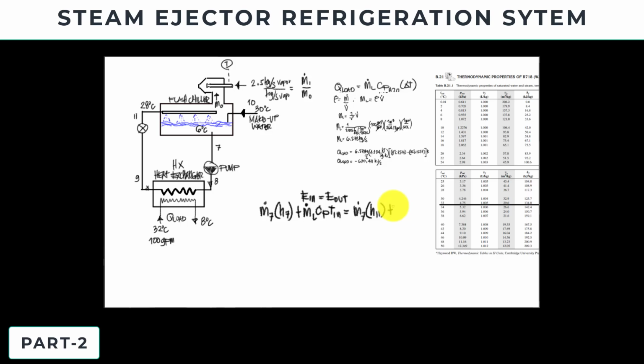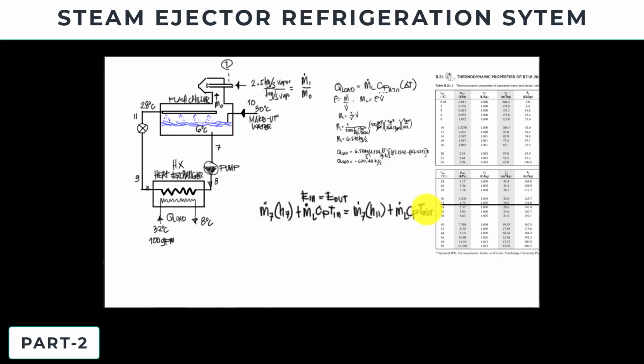Then plus, also leaving, the other one, we have the mass flow rate of your water, which is your load, so that will be m load. They are the same value of water entering here and leaving, so m load times the specific heat of the temperature out.